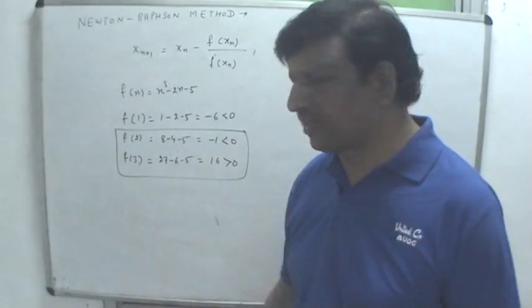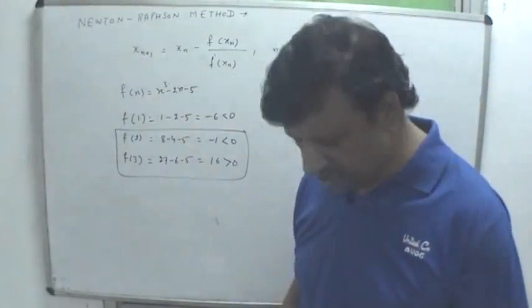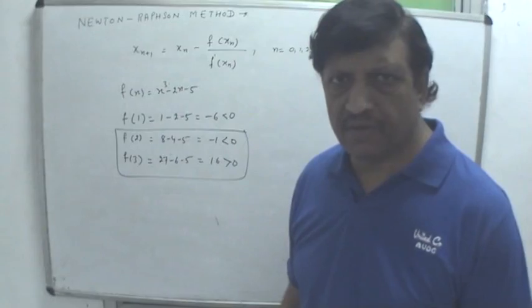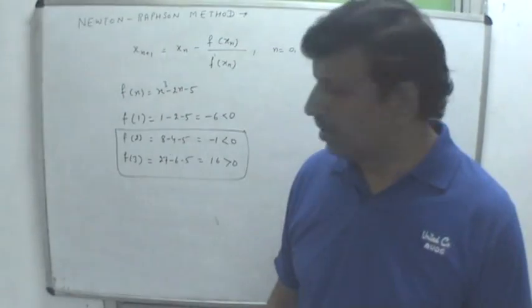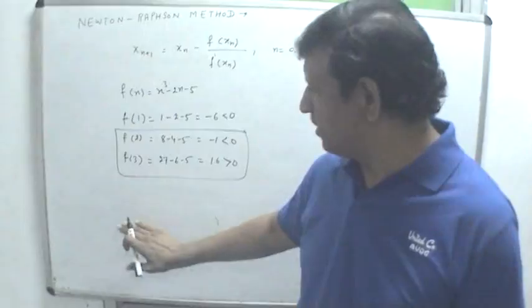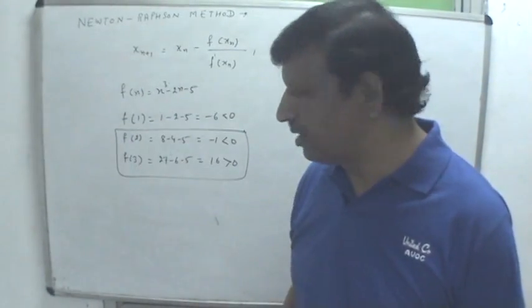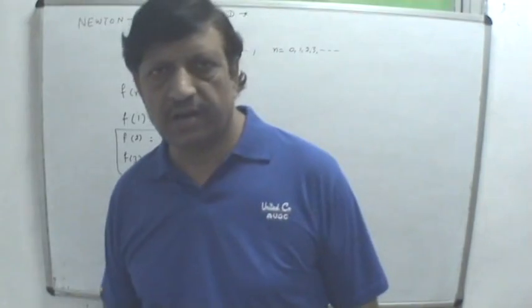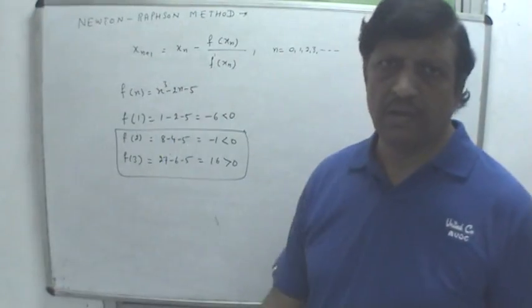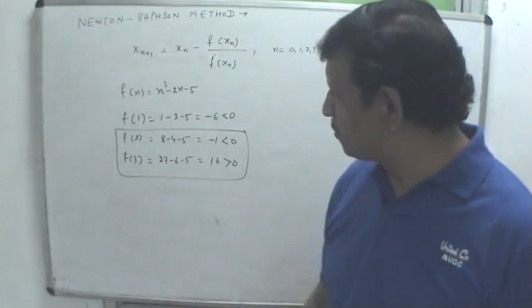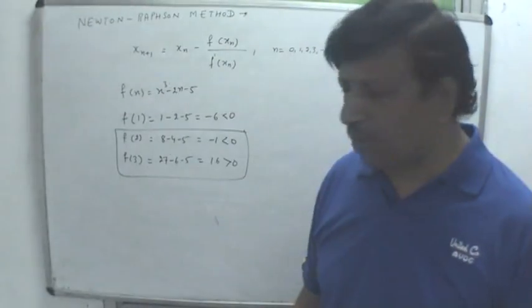No, in this method we do not consider both values. We favor one value, either 2 or 3. We don't say the root lies between 2 and 3. Here we consider that the root lies close to either 2 or 3. It's better if we select the smaller value.